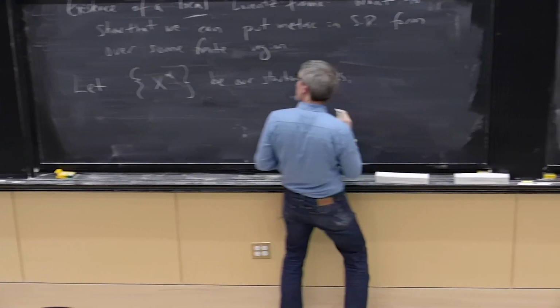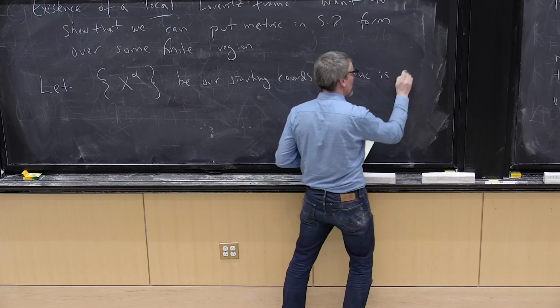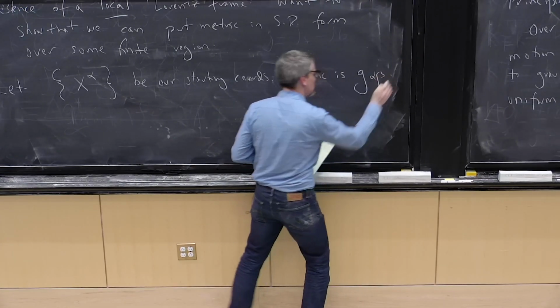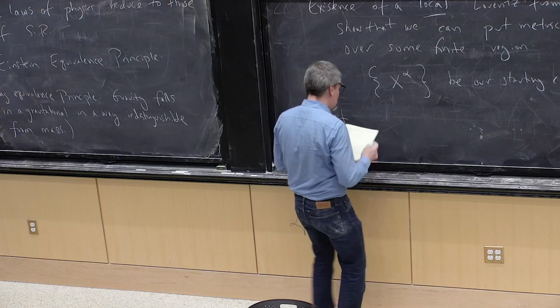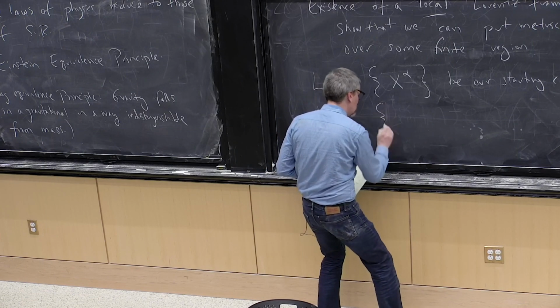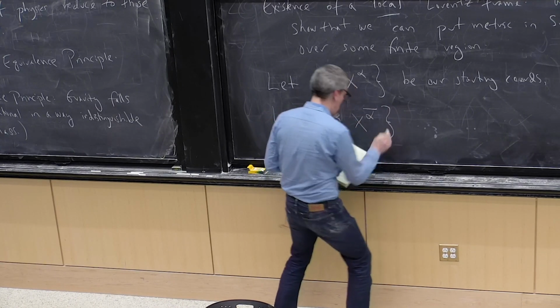And let's say that in this representation, the metric is g_{αβ}. Let us demand that there exists a set of coordinates that I will represent with bars on the indices.